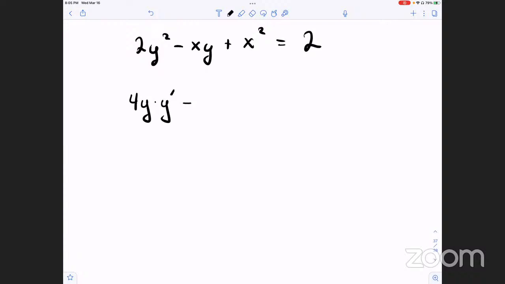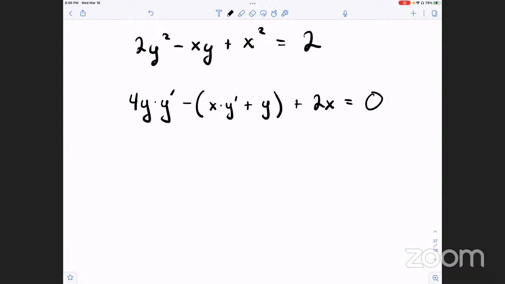The product rule. So the first times the derivative of the second: x times the derivative of y, which is y prime, plus the second times the derivative of the first, which is just 1. And then the derivative of x squared is just 2x, and the derivative of 2 on the right is 0.